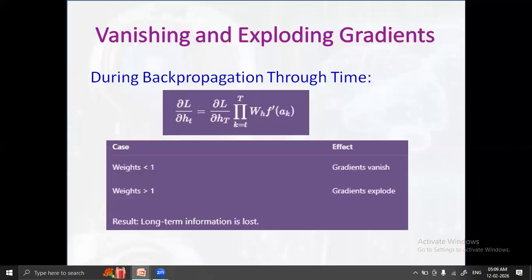If these values are smaller than 1, gradients shrink exponentially, causing the vanishing gradient problem where early layers receive almost no learning signal. If the values are larger than 1, gradients grow uncontrollably, causing exploding gradients and unstable training. Both issues prevent the model from learning long-term relationships effectively.